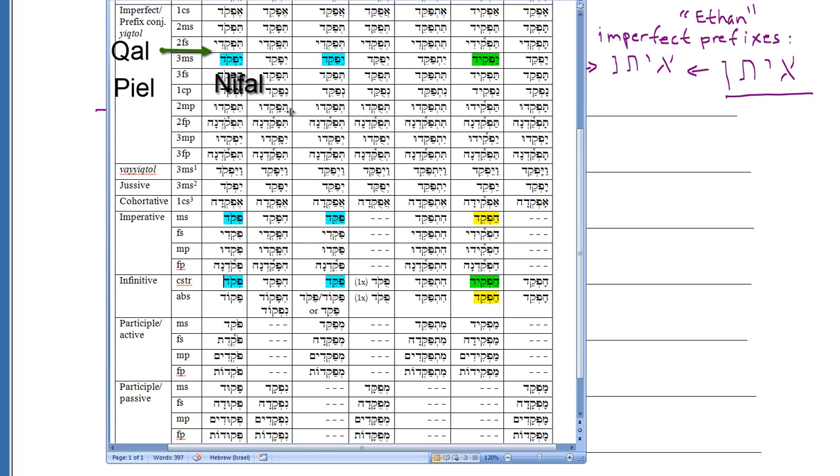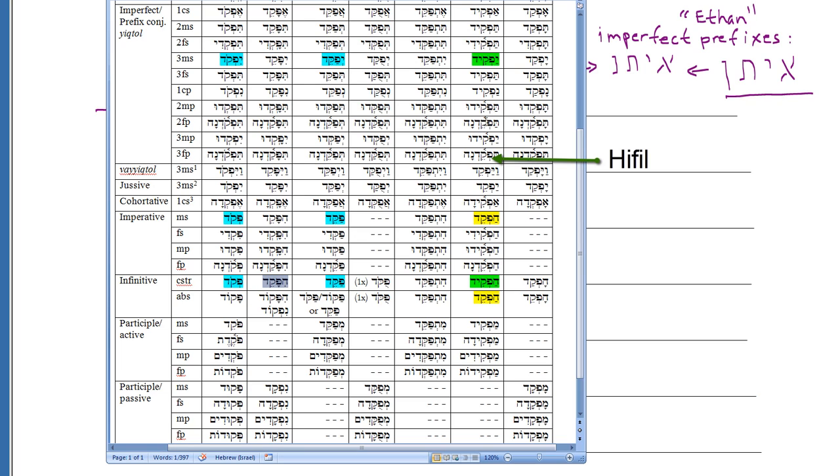And then even with the Nifal, we've got yipaked, we have hipaked here, which is a different prefix but very similar to the imperfect third masculine singular. And then notice that the infinitive construct down here is exactly the same. So the imperative is typically the same as the infinitive construct and very similar to the third masculine singular imperfect, except for the Hifil, which is sometimes our renegade stem.